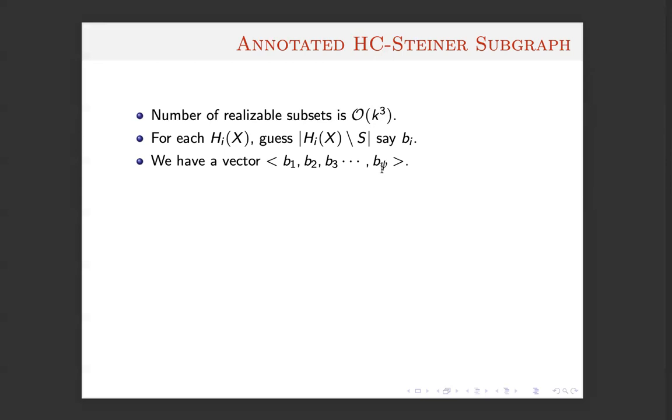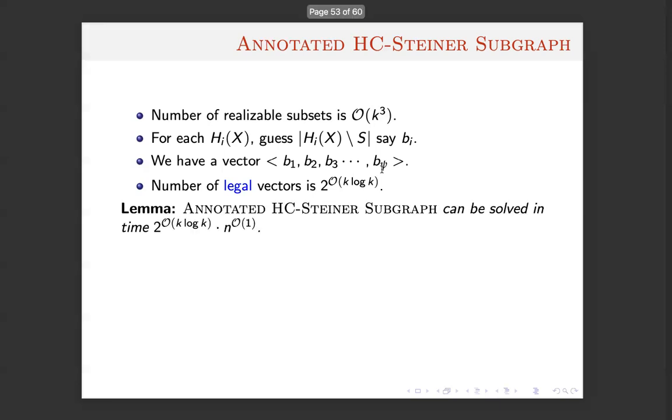So by choosing k cube choose k, which is 2 to the power k log k, we can guess the positions where we are having positive values, and the values can be guessed by some multiplier of 2 to the power k. So basically we have total legal vectors of size 2 to the power order of k log k many.